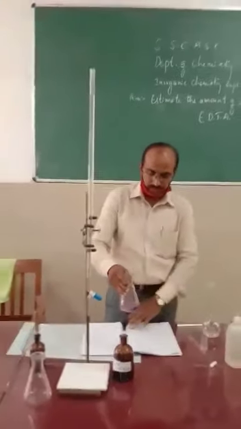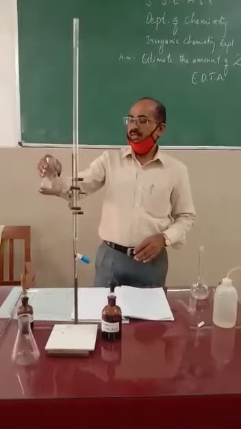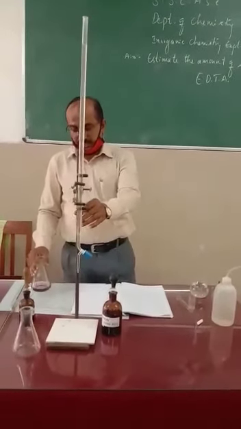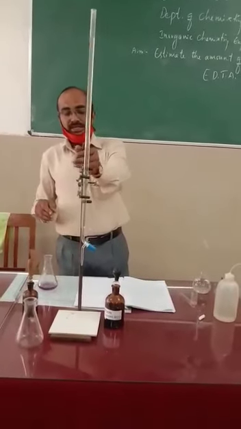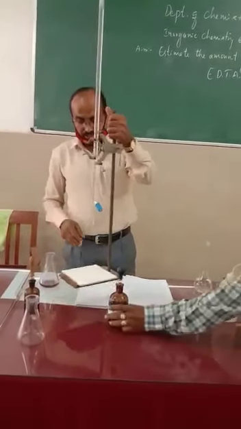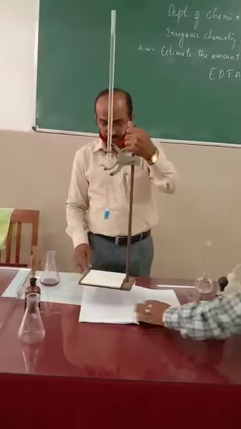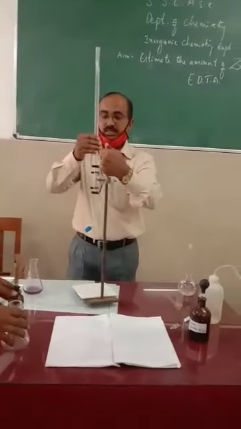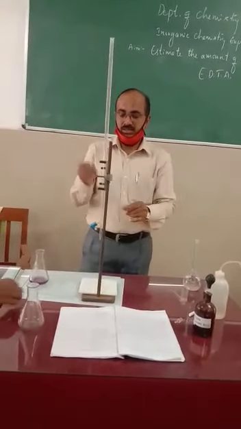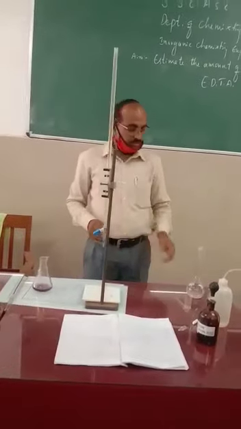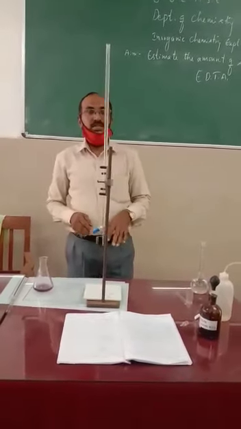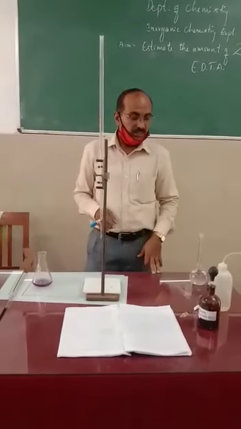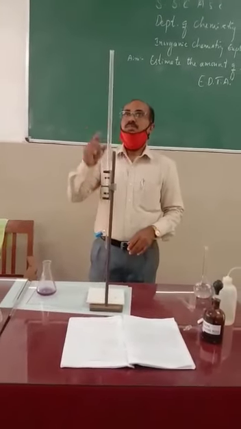So this solution appears violet in color, and this is titrated against the EDTA solution filled in the burette. So this is the EDTA solution. First the burette is washed thoroughly with tap water and rinsed with distilled water, then filled with the EDTA solution up to the mark.